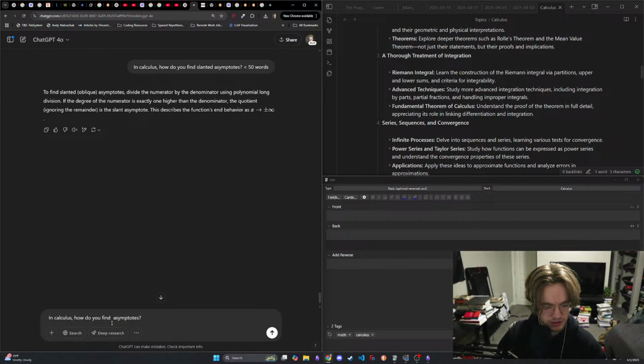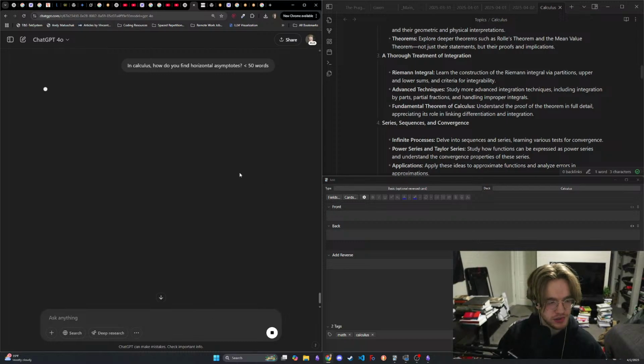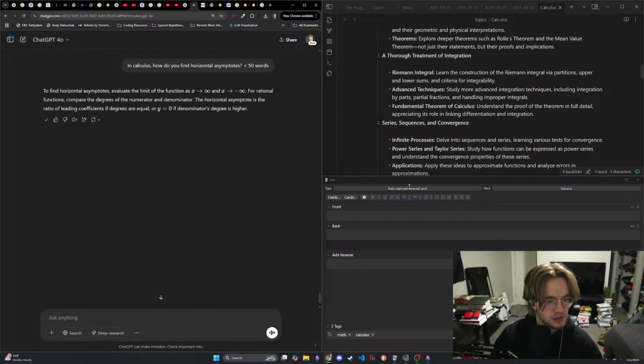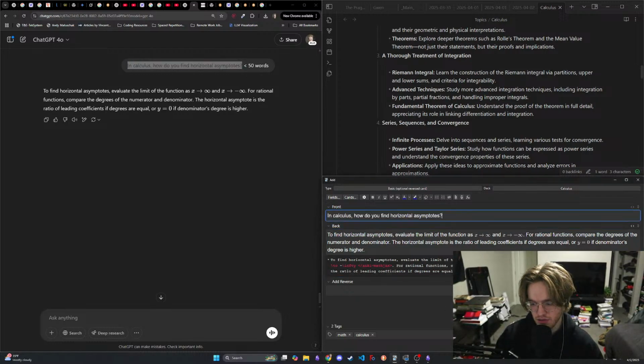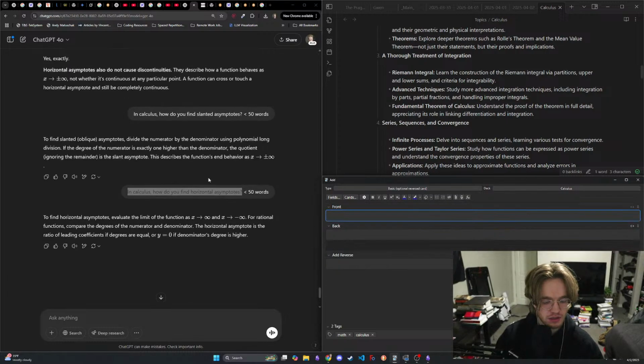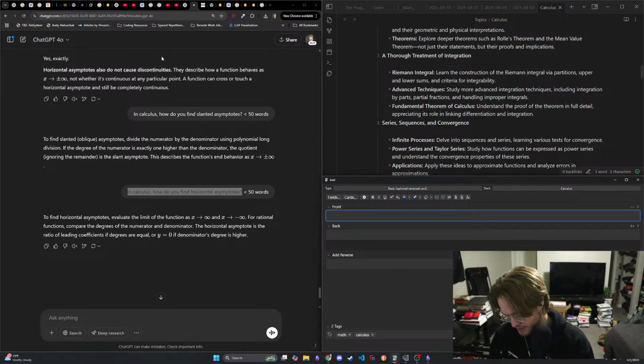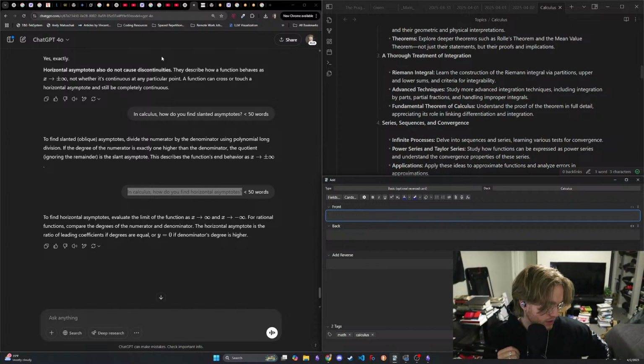Okay, now for horizontal. Before looking into the vertical or horizontal, let me exert some cognitive effort to figure it out.